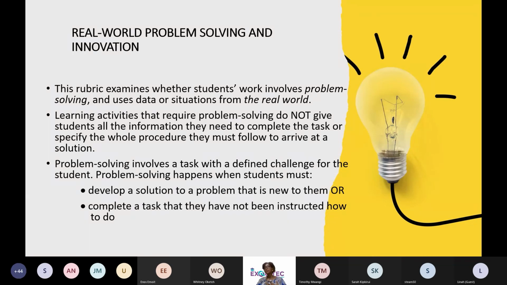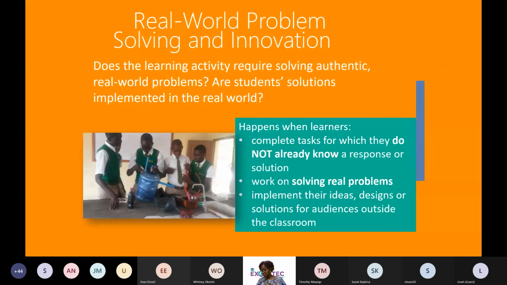So for instance, I am aware of some interviews you go for, and without being told what you are going to build, you just see different parts scattered on a table, and it's left for you to see how those parts come together to build a particular device or instrument.